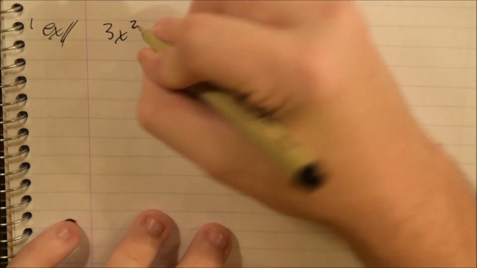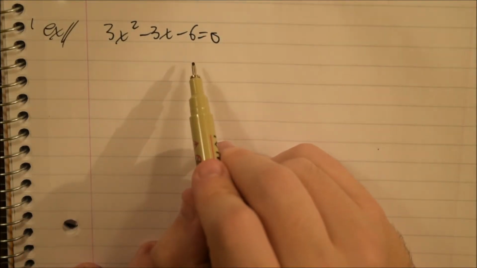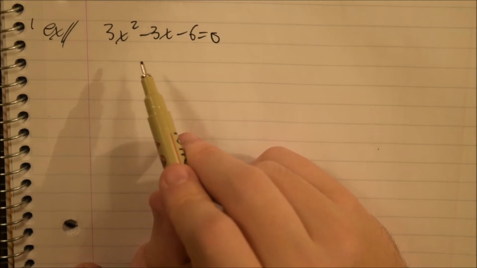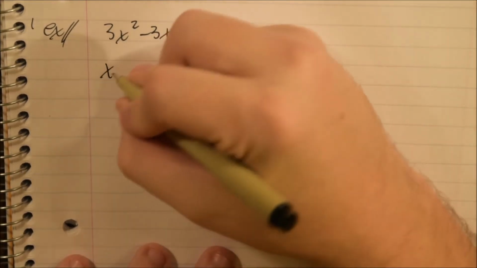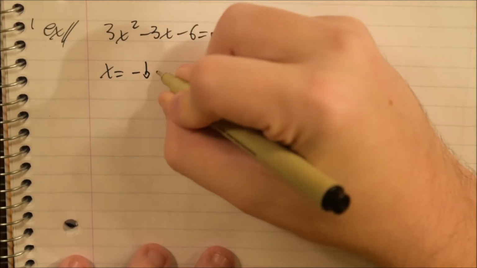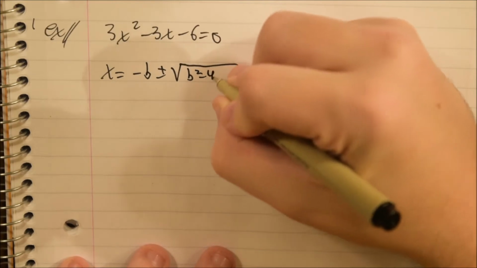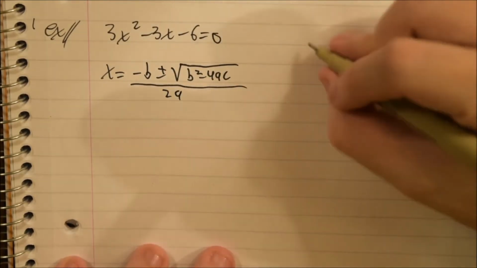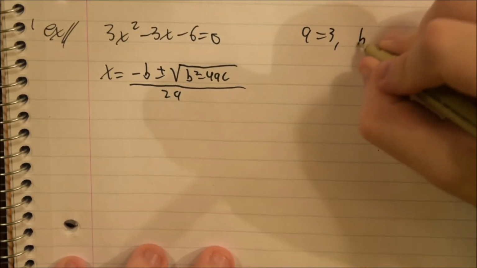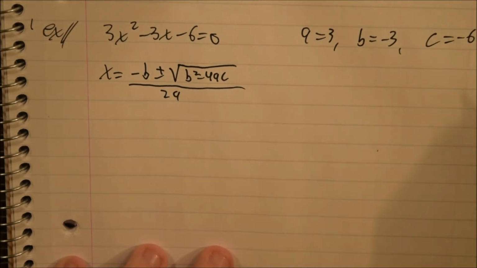Now we're going to look at the same equation and find what those solutions are. We're going to find what x values, when I plug back into this equation, give me 0. To do that, I'm going to use the quadratic formula. Remember, that's x equals minus b plus or minus the square root of b squared minus 4ac, all divided by 2a. Let's write down that a is 3, b is minus 3, and c is negative 6.